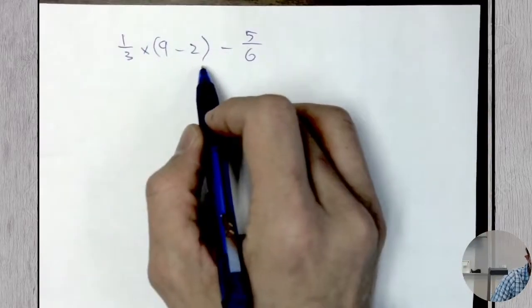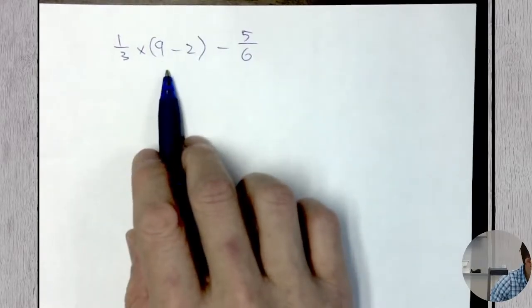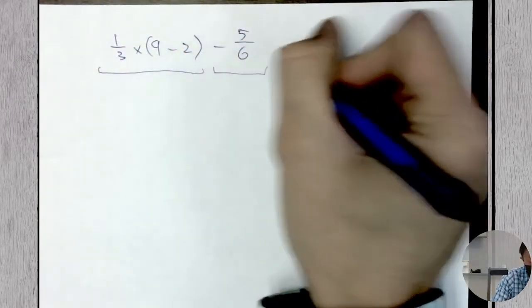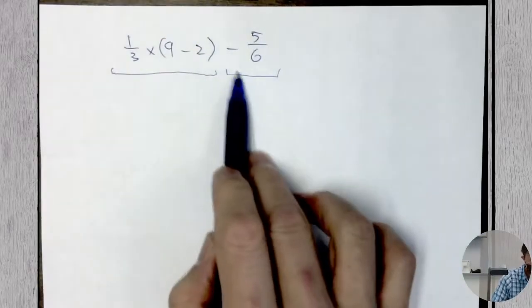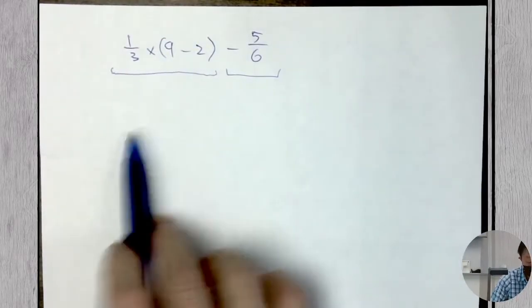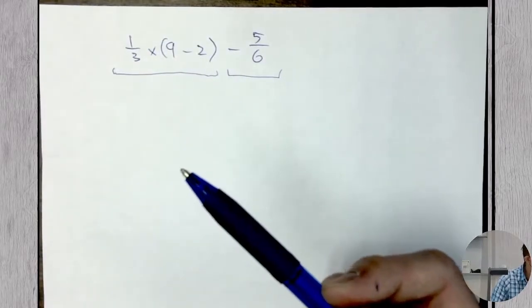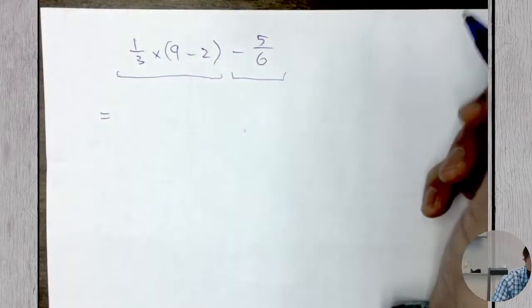Whenever you have a bracket, you have to see this as 1 unit. Okay? So that is 1 term. That's another term. You can rearrange them if you wanted to. If I want to write negative 5 over 6 plus that unit, which is also fine. Okay, but in this case, I'm gonna leave it as it is.